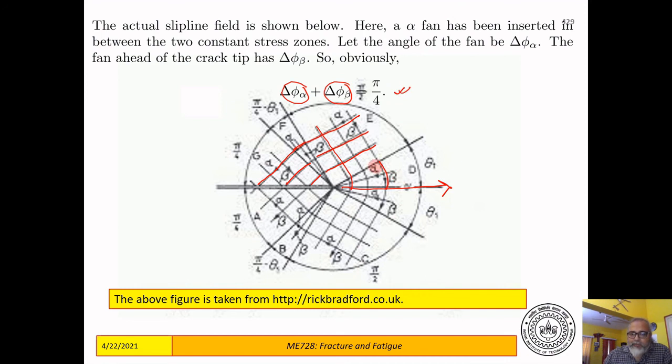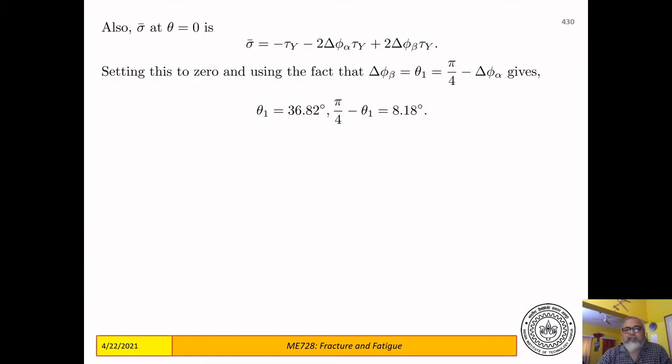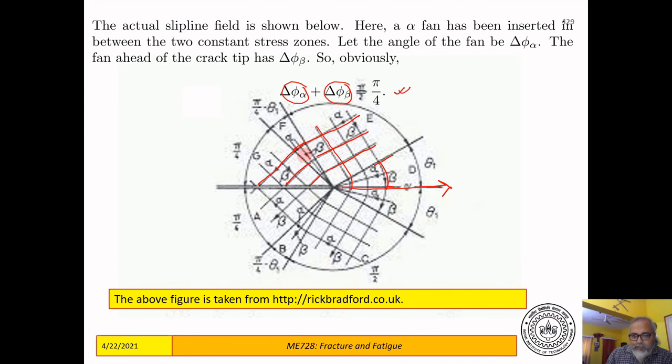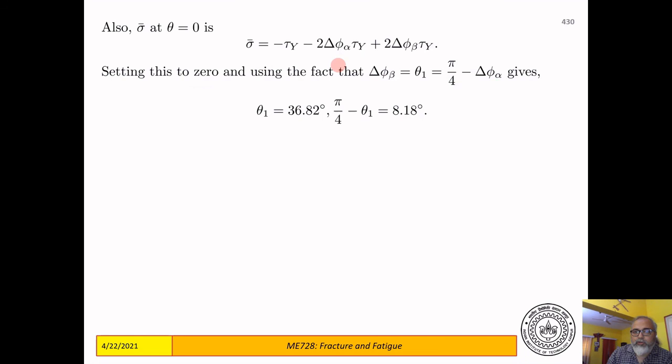And then on coming from here to here, I must reach zero mean stress. To do that, I calculate the sigma y. First I start with minus tau y. So minus tau y is here. Then the angle changes along an alpha line by delta phi alpha, so that will lead to a minus: minus 2 delta phi alpha tau y.